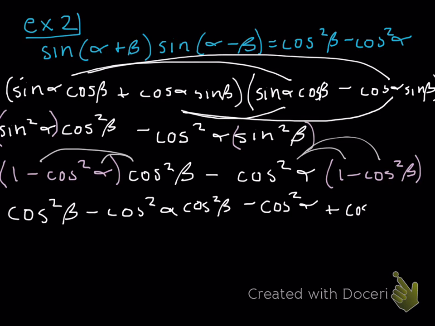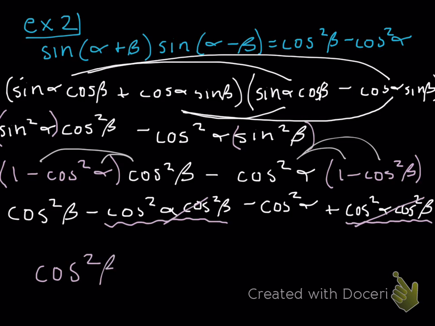And I have cosine squared alpha cosine squared beta. And now I want you to look at these two terms right here. So here I have a negative cosine squared alpha cosine squared beta. And over here I have a positive cosine squared alpha cosine squared beta. So these will cancel. And I'm left with cosine squared beta minus cosine squared alpha, which is what we were trying to prove. So we have now verified our identity.